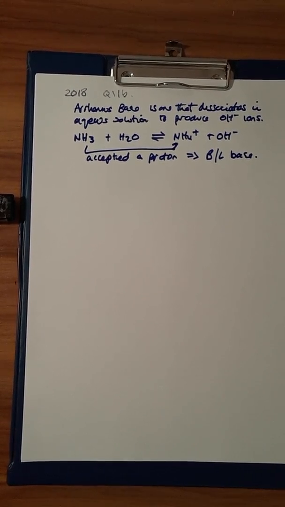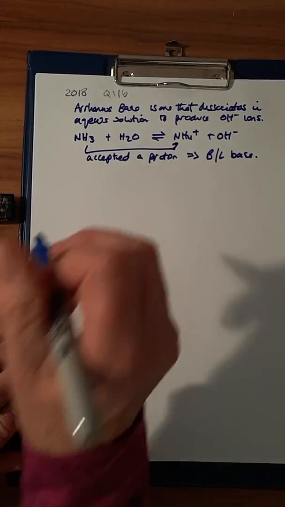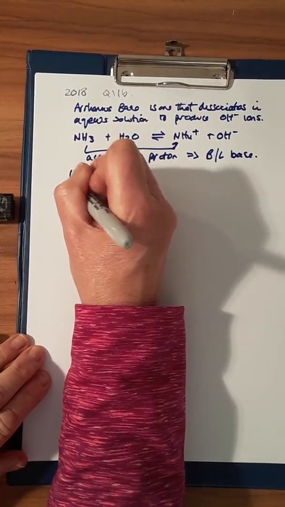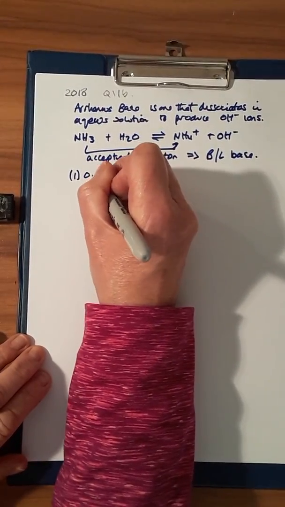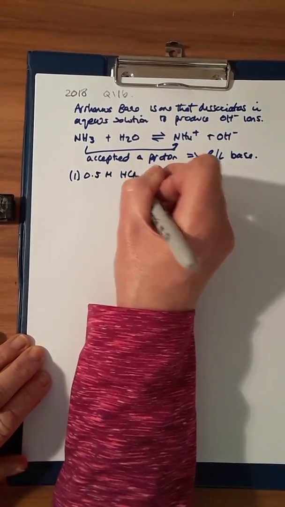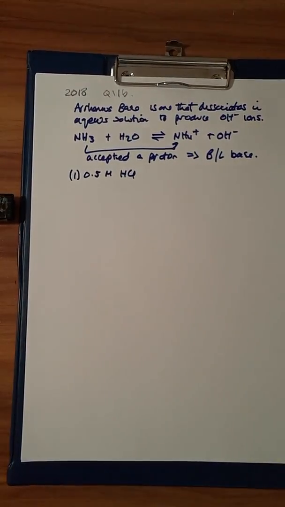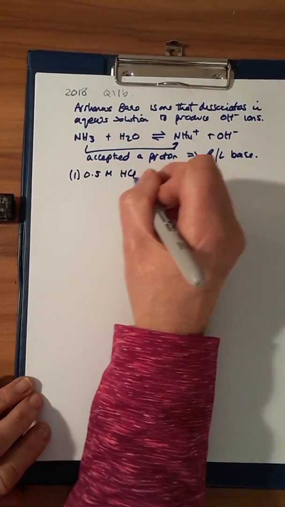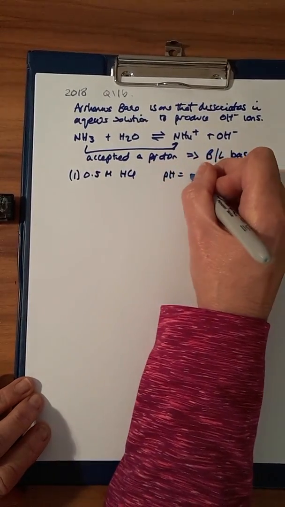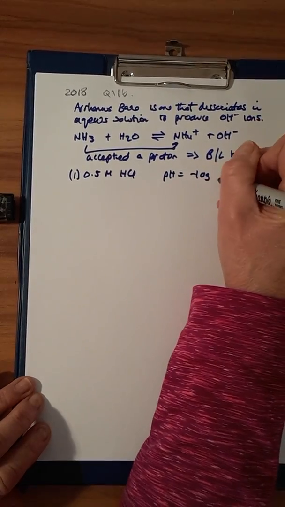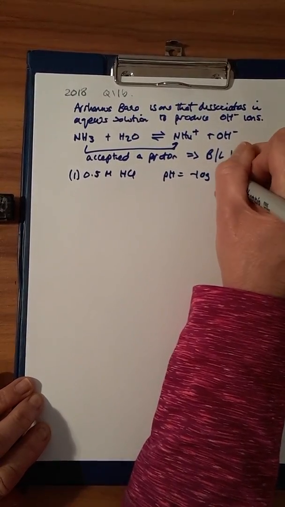Okay, calculate the pH of a 0.5 molar HCl solution. Right then, so the pH is equal to minus the log of the H plus ions.